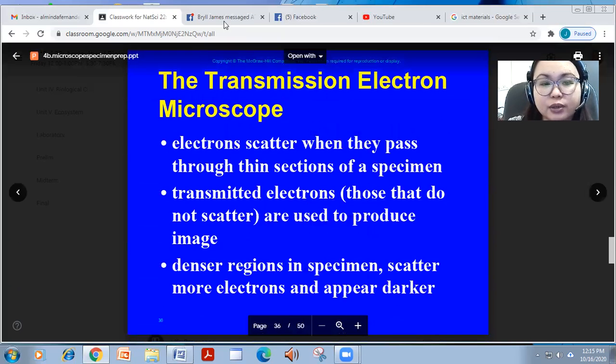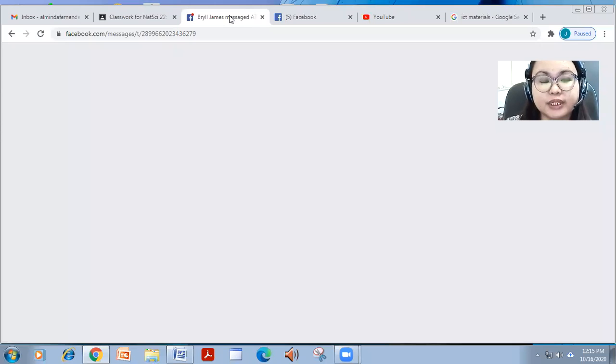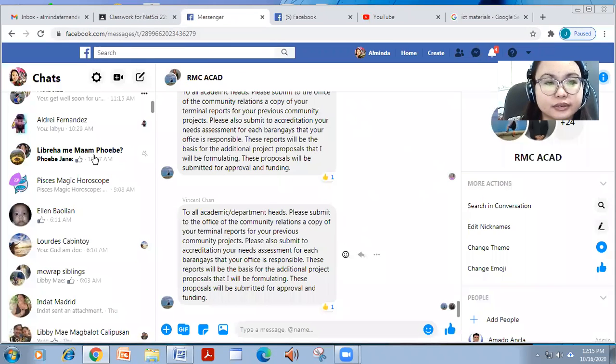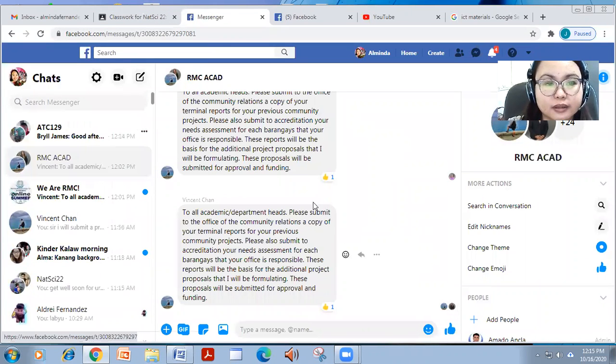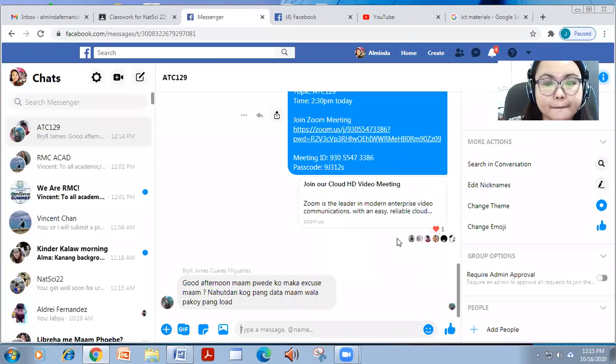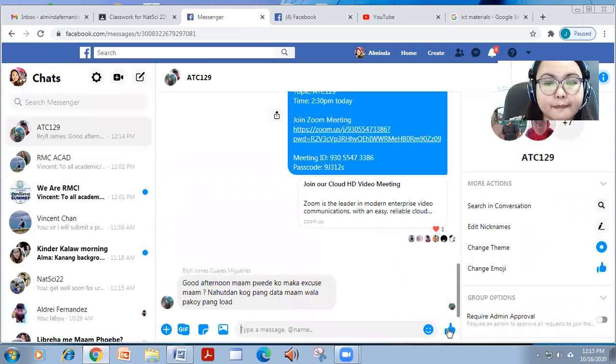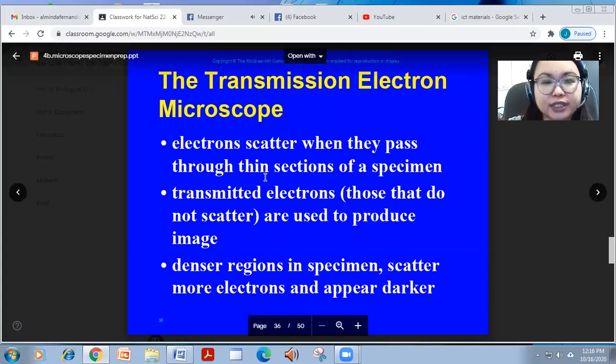So it's briefly discussed here in the transmission electron microscope that electrons scatter when they pass through thin sections of a specimen.